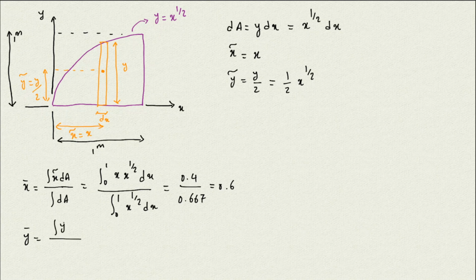And the same for the y bar, the centroid in the y direction. I'm going to have the integral of y dA over the integral of dA. Again, because we are integrating in the x direction, it's going to be between 0 and 1, and the location of the centroid of the element in the y direction is a half of x to the power of half, and then we have the dA.